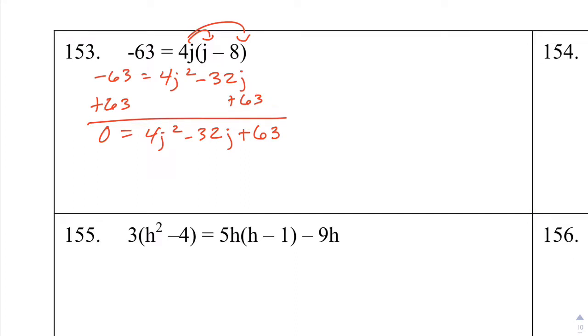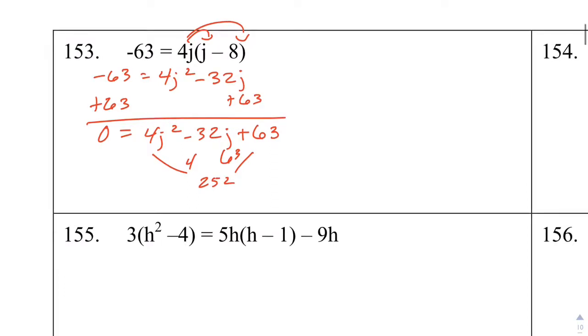Okay, so 4 times 63 is 252. So now I'm looking for factors of 252 that are going to combine to be 32. And they're both going to be negative because they multiply to be a positive.